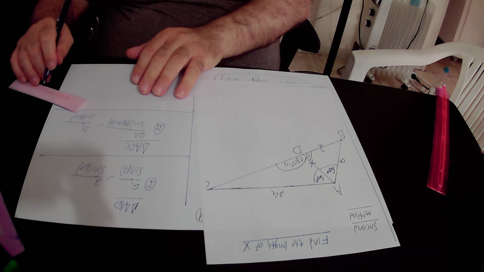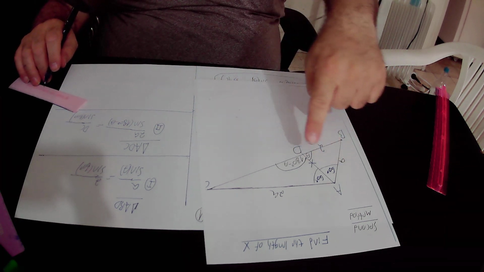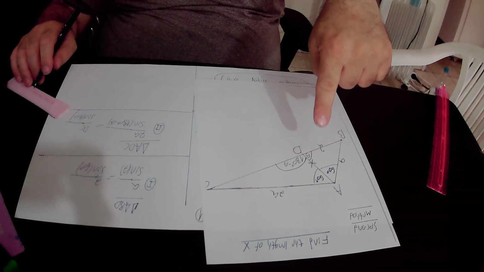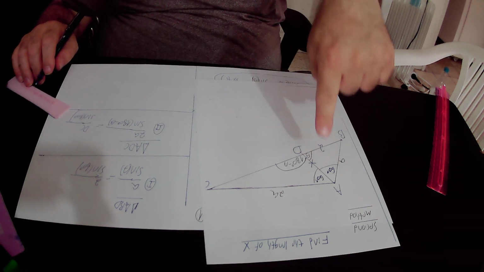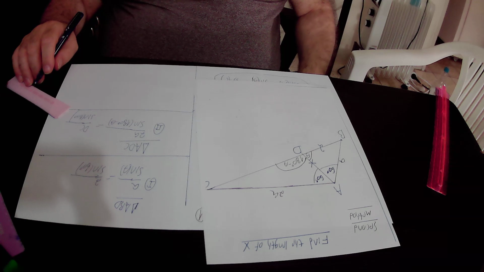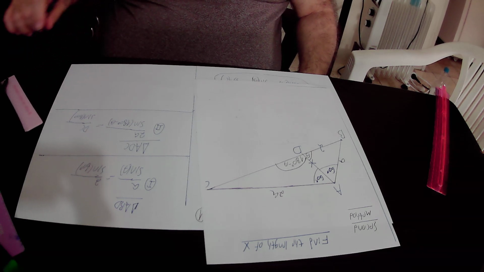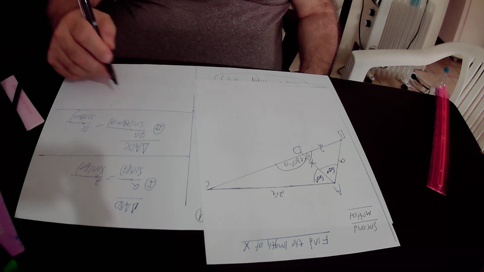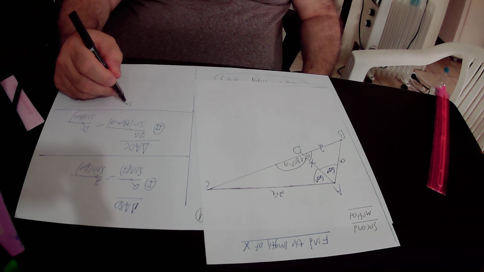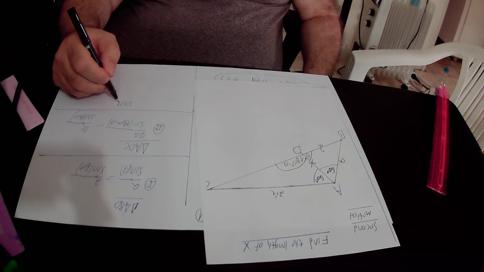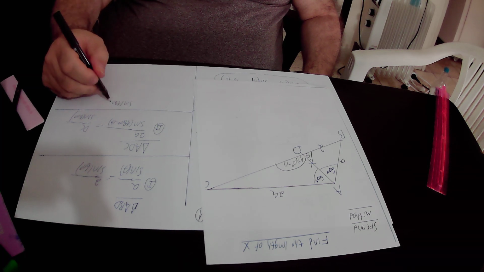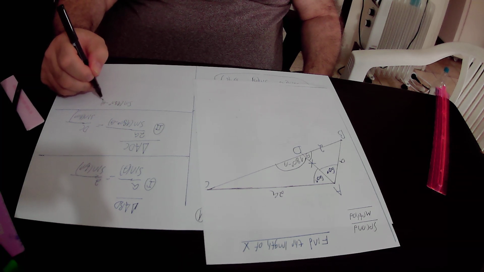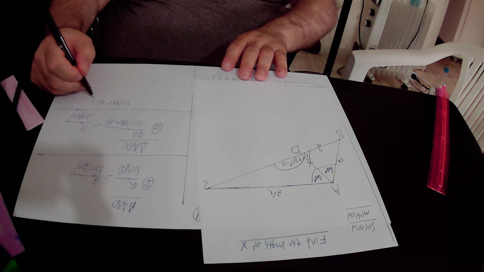I'll repeat again. 2A over sine of 180 degrees minus theta equals DC over sine 60 degrees. We have the trigonometric identity that sine of 180 degrees minus theta equals sine theta.